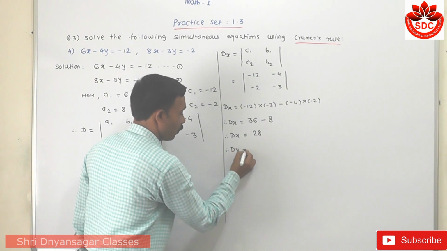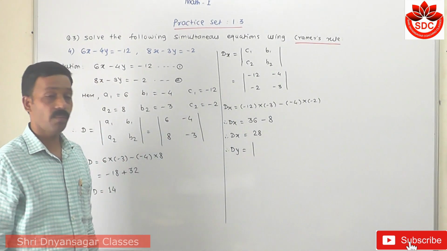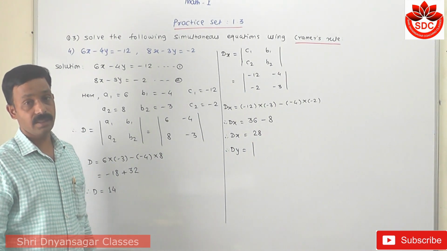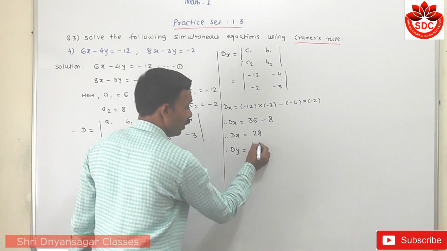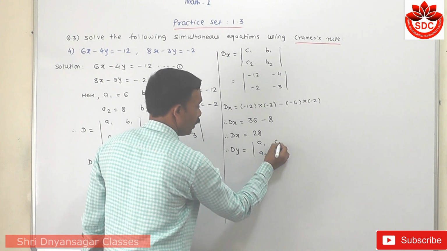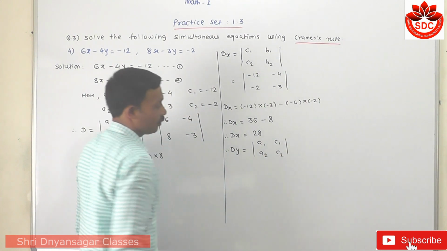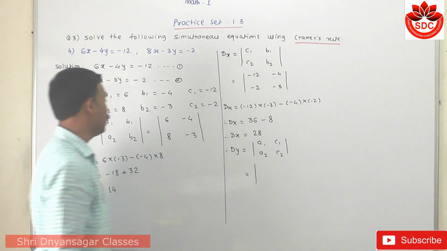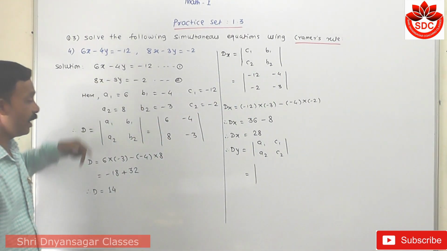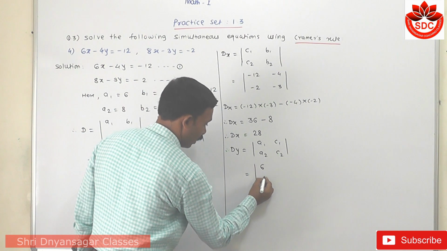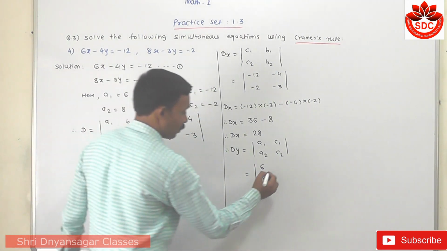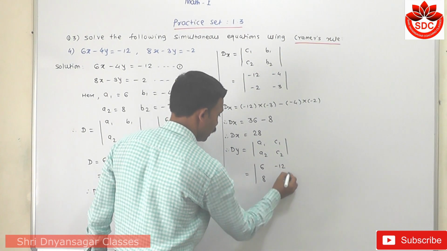Therefore, the determinant of y is equal to. Now the formula for the determinant of y is, you have to replace b1, b2 by c1, c2. Therefore, here a1, a2 and here c1, c2. Substitute the values here. The value of a1, a2 here is 6 and 8. Then c1, c2 is minus 2 and minus 12. Student, can you understand this?